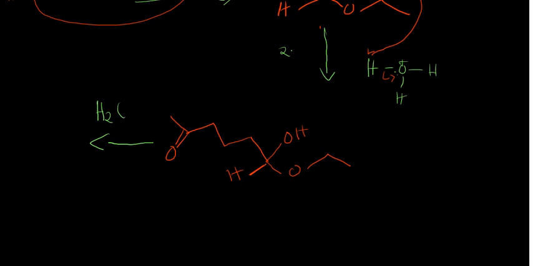The Jones reagent will now convert a primary alcohol to an aldehyde, and a secondary alcohol into a ketone.